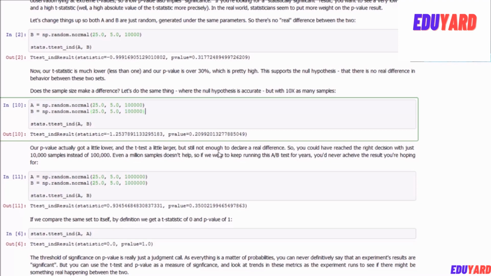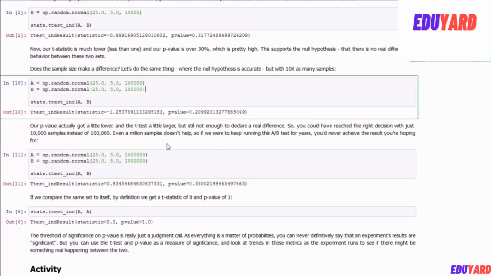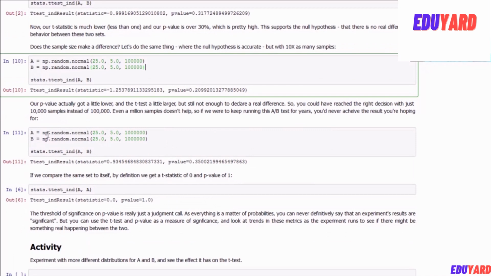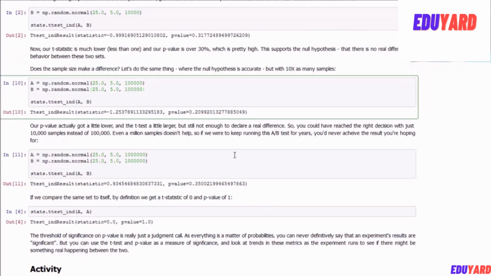It can have more of an effect, especially on a website when you are talking about order amounts. Well, now we are back under 1 for the t statistic and our p-value is around 35%. So we are seeing this fluctuate a little bit as we increase the sample size. This means that going from 10,000 samples to 100,000 to a million is not going to change your result at the end of the day.